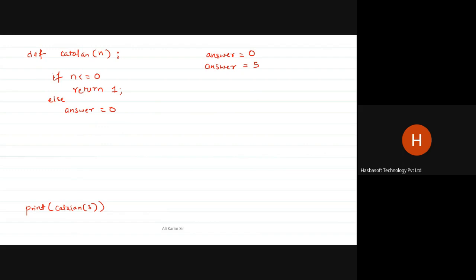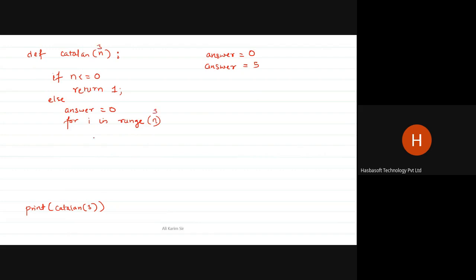So what you have done then, for i in range till that particular number, that is 3, and instead of 3 we have passed it as n, because 3 is n.